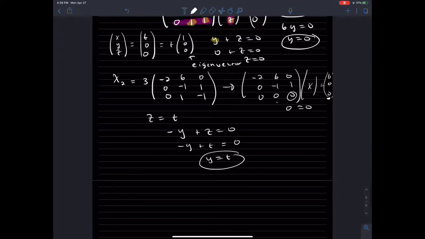So I go to my first line: minus 2x plus 6y equals 0. So minus 2x plus 6t equals 0, and 2x is equal to 6t, divided by 2, x is equal to 3t.